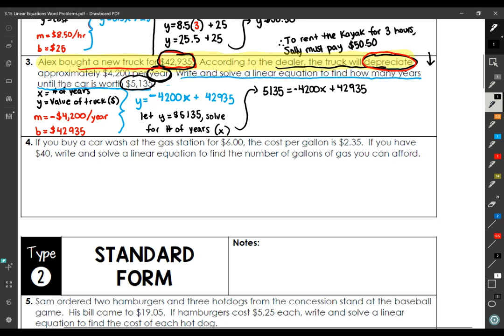Again, we are solving for x, so we're rearranging our equation. I'm going to pick this guy up and bring it over there. So I get 5,135 minus 42,935 is equal to negative 4,200x.